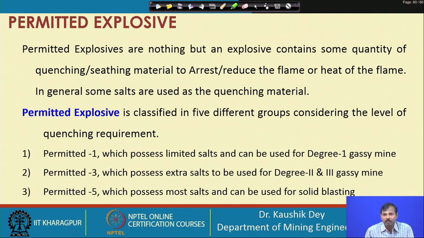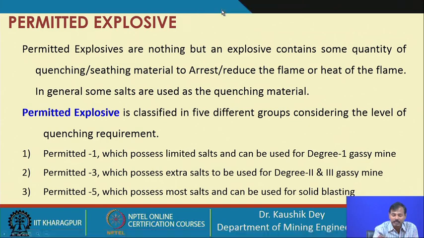That means, degree 1 gassy mines have less release of methane, that is why the potentiality of showing an explosive environment is less. So, we need less quenching material, and that is why the permitted 1 explosive is there, where limited salts are used, so that the quenching or sheathing of the flame can be available in that case.